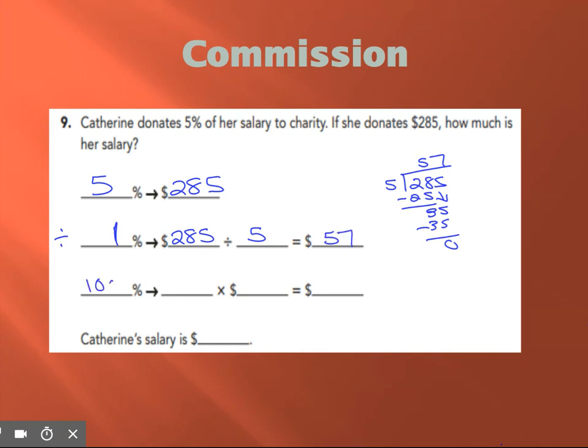So to find out what 100% is, I'm going to take 100 times $57. So I'm going to write 57, take my imaginary decimal, move it over 2 spaces, and fill in my empty spots with zeros. So Catherine's salary is $5,700.